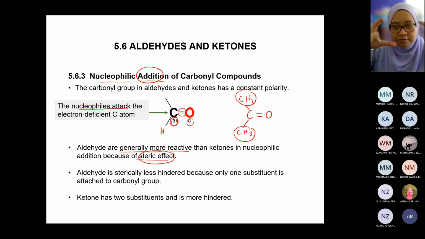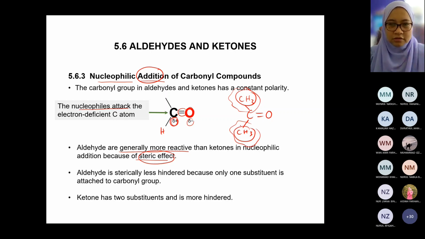So steric hindrance means a cloud of electrons there. This cloud of electrons will make the nucleophile attack very difficult, because these areas are intense. For the nucleophile to attack the carbon, it will be very difficult.